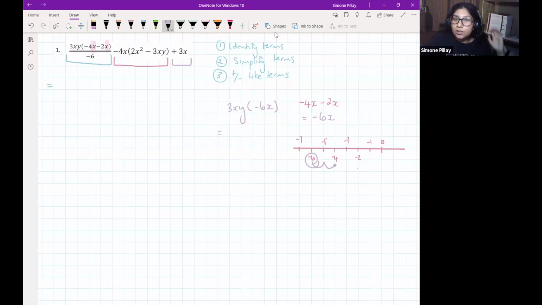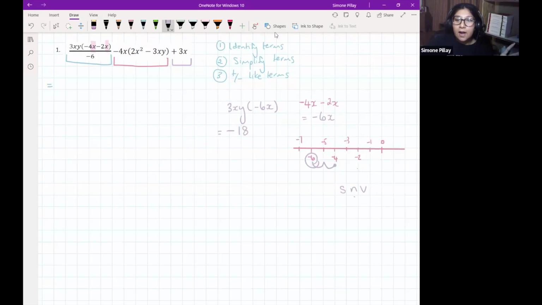And so to do this multiplication, I want to apply SNV. When I multiply my signs, it's a positive times a negative, so I'm going to be left with a negative. If I multiply my numbers, it's 3 times 6, which gives me 18.